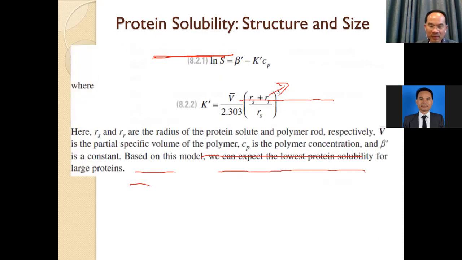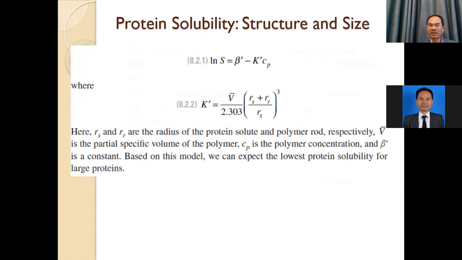For this case, we will show the equation that describes the precipitation when you add polymer. When you add polymer, you can make the protein change from the liquid or solution form to the solid form.